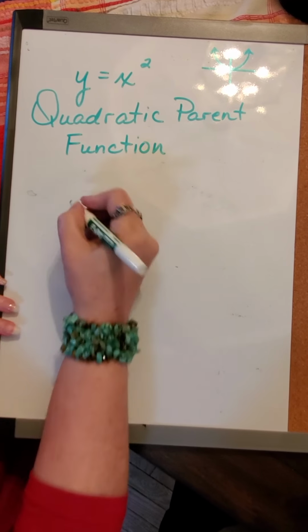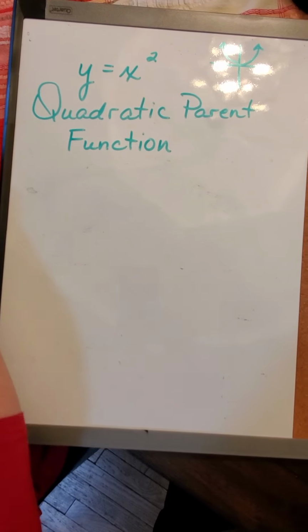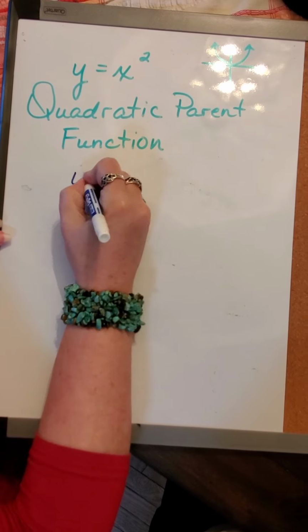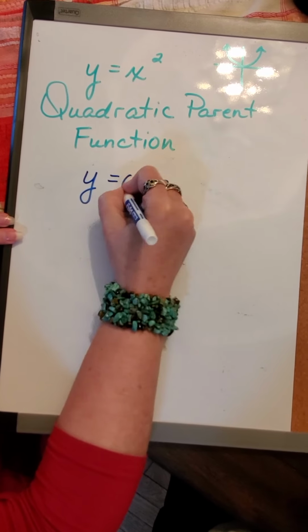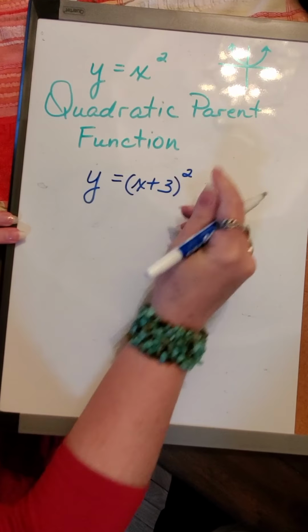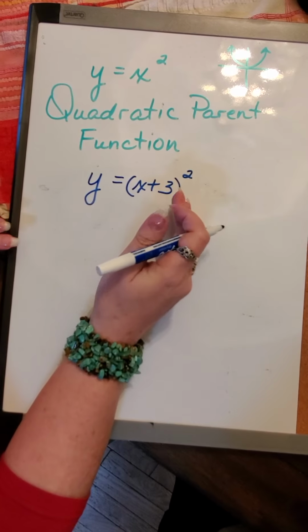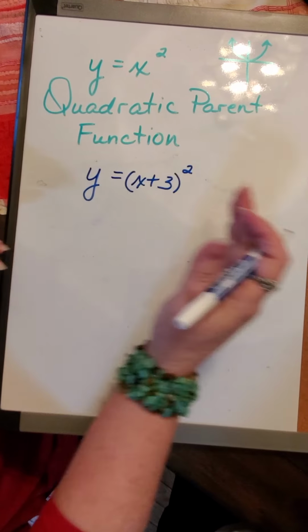All right, now we have y equals x plus 3 in parentheses squared. Now this is still quadratic, but that number inside the parentheses, instead of shifting it up or down, moves it left and right.